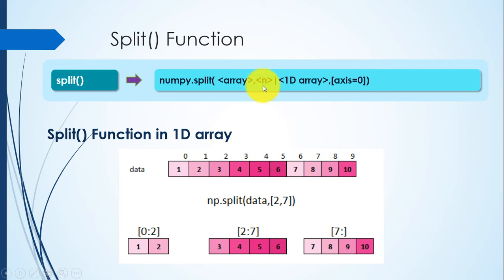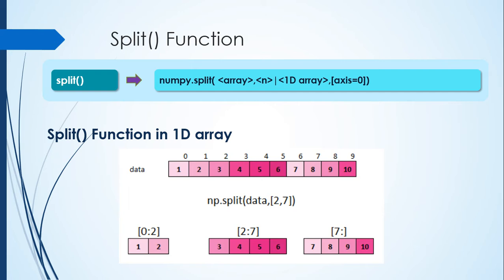Before going any further, we have to discuss n and one dimension array. What is it? Actually, when the second argument is defined as n, then the array is divided into n equal sub-arrays as per the axis argument.